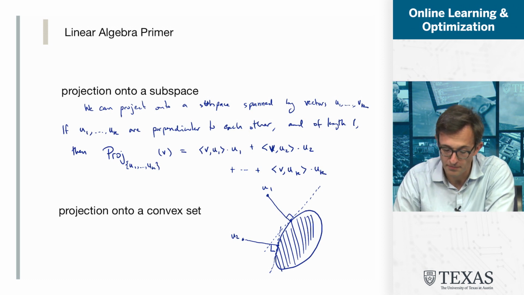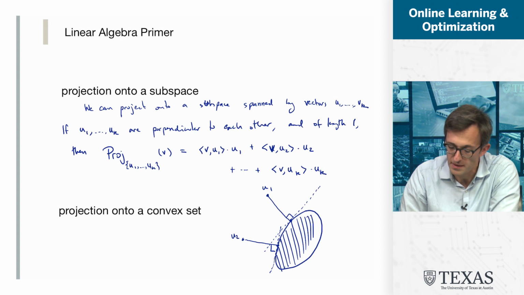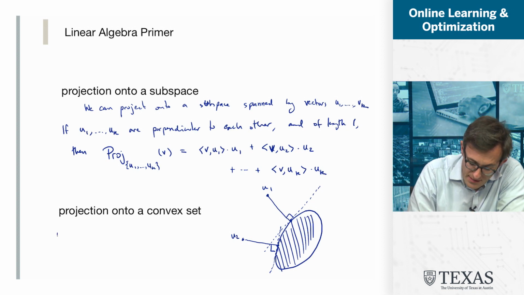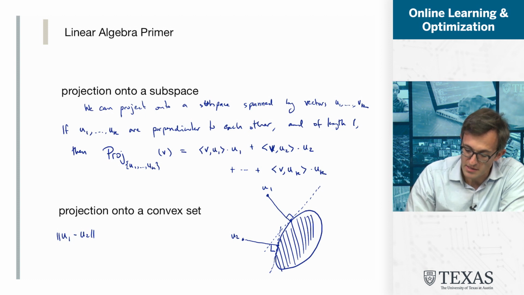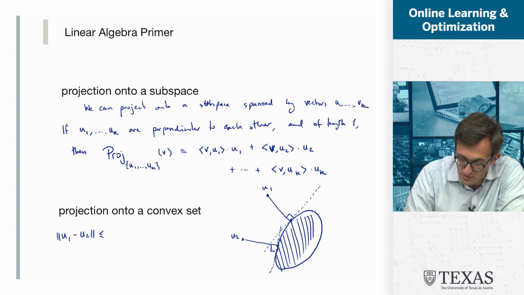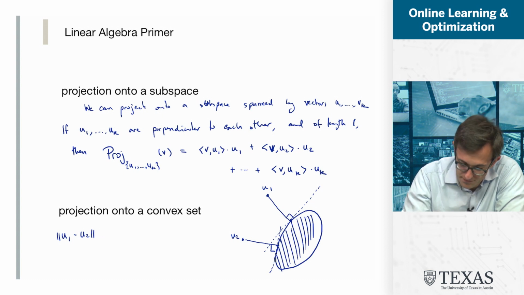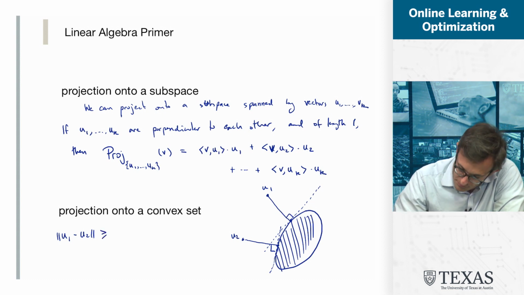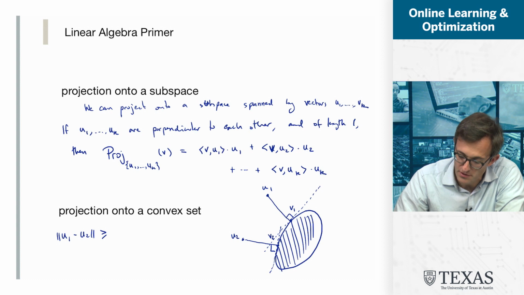So some important property that we should note immediately is that the distance between u1 and u2 is not expanded when I project. Let me call the projection of u1 v1 and the projection of u2 v2.